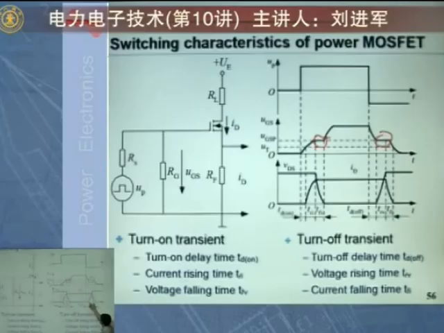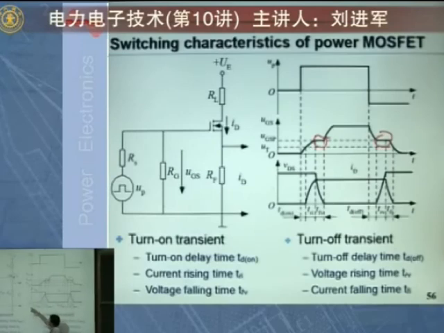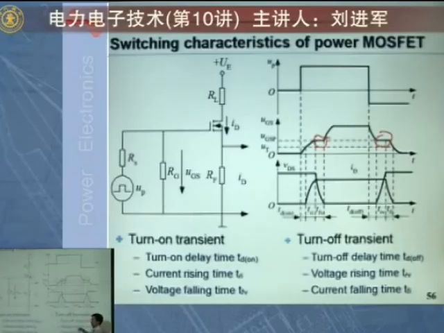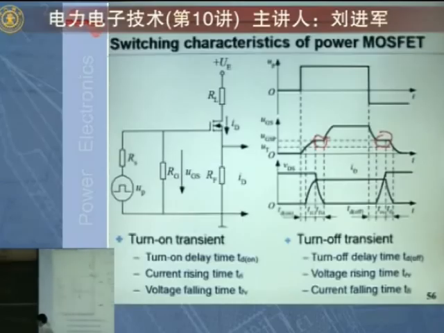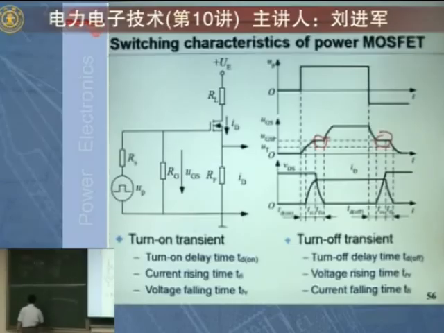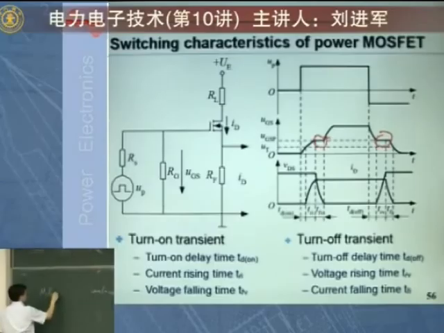And also, during turning off, there's always some time when the gate and the source voltage is constant. This constant voltage time period is what we call Miller plateau.